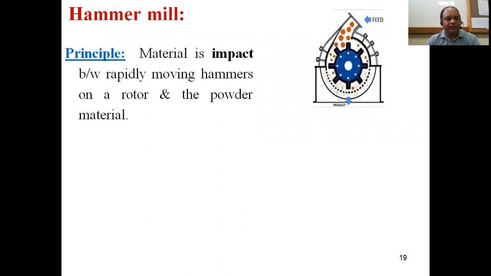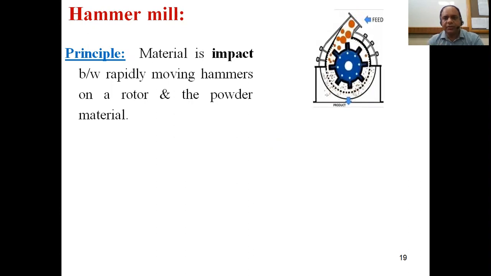The principle of hammer mill is that the material is impacted between rapidly moving hammers on a rotor. Means in hammer mill, the material is impacted. Impact means a hammer hits a material.